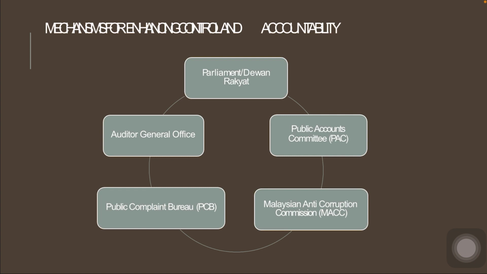So basically apa biro ni buat, dia uruskan aduan tentang contohnya pekerja awam yang menyalahgunakan kuasa, ataupun sekiranya berlaku kekurangan atau penangguhan dalam perkhidmatan dan juga aktiviti awam, ataupun kekurangan dari segi fasiliti awam. So you boleh contact Biro Pengaduan Awam ni. So dia ada macam-macam tau.